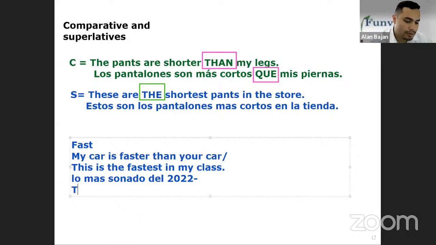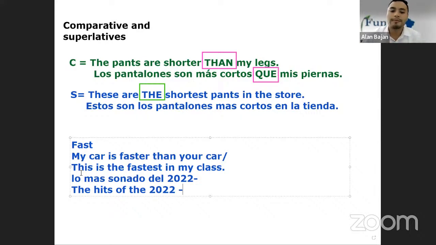So if you want to say, you can use the hits of the 2022. And what happened here is that in Spanish, we use the phrase according to the way that we live, or culture.